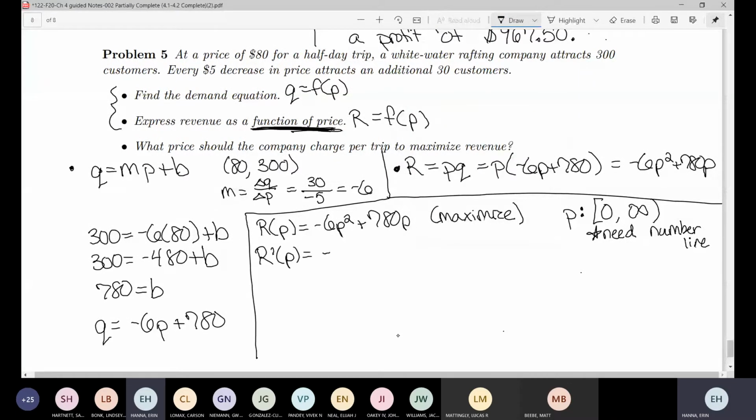So -12p plus 780. I don't know if 780 is divisible by 12, but this is a linear thing, so we don't really need to factor it much anyway. So we'll need to set it equal to 0 and solve for p.